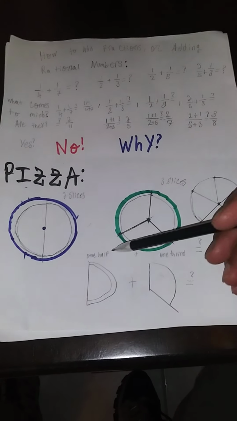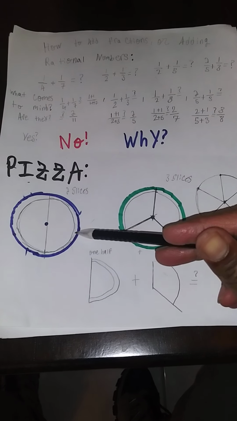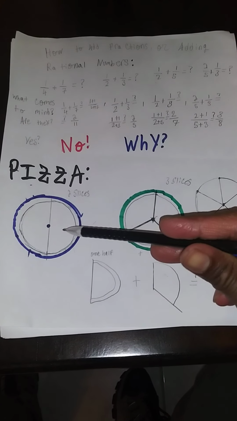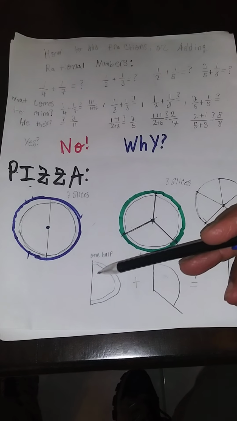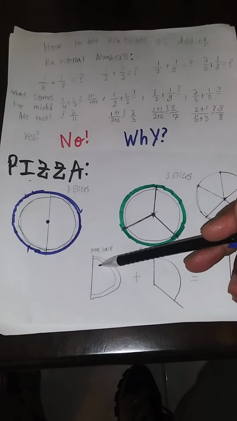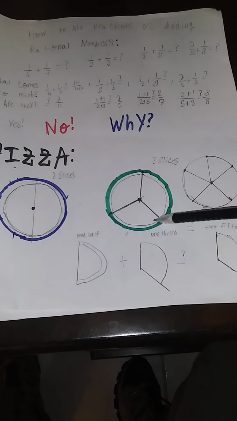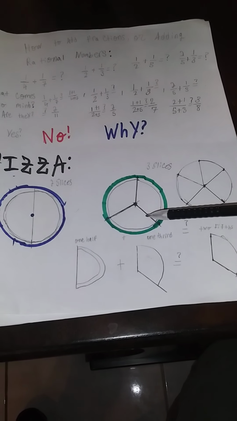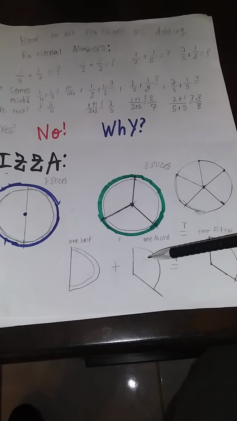So for instance, the pizza slice that you get from slicing a pizza into 2 pieces is just half of the pizza. So our fraction 1/2 we represent by half of the pizza. And the pizza slice that you get from slicing a pizza into 3 equal pieces is just 1/3 of a pizza.